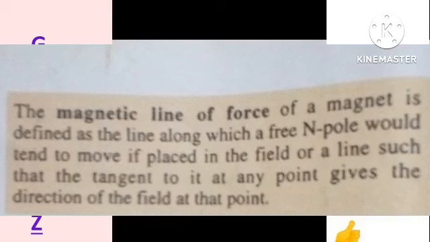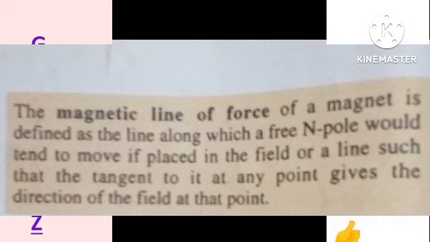Those magnetic lines described earlier can be defined as the lines along which a free north pole would move if placed in the field, or a line such that the tangent to it at any point gives the direction of the field at that point. So these two definitions mean that the magnetic line of force can be seen as the line along which, when you place a free north pole, a single north pole, in the field, it will move along that line at any particular instance.